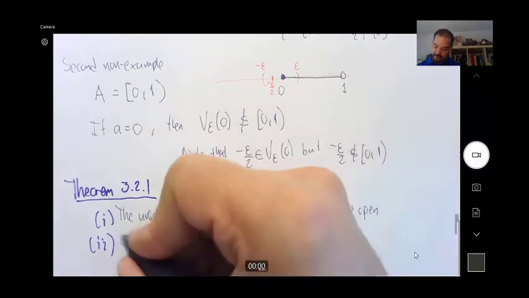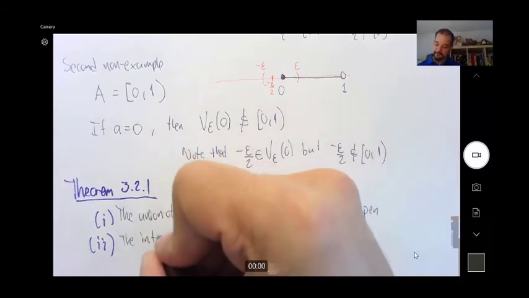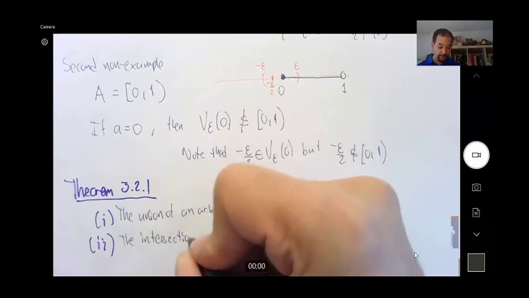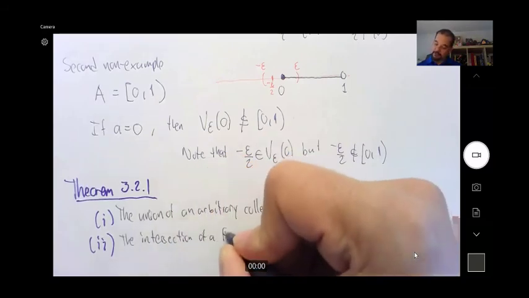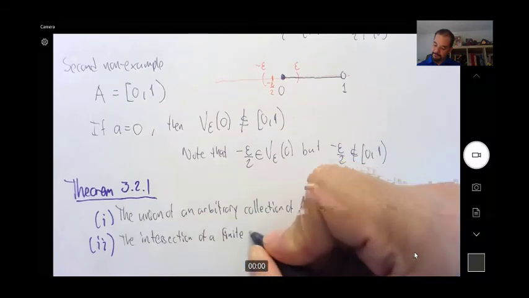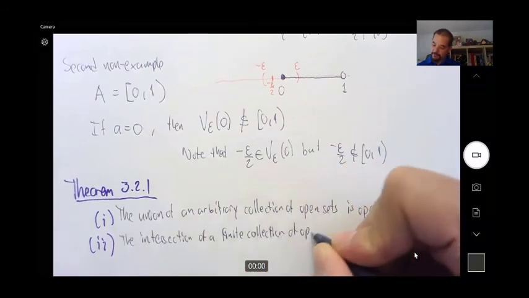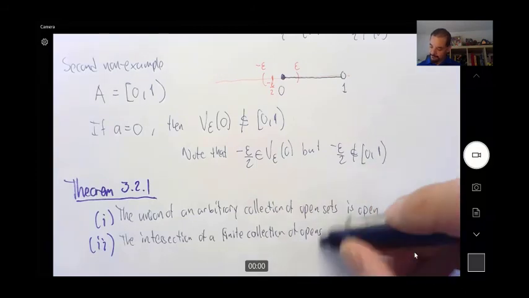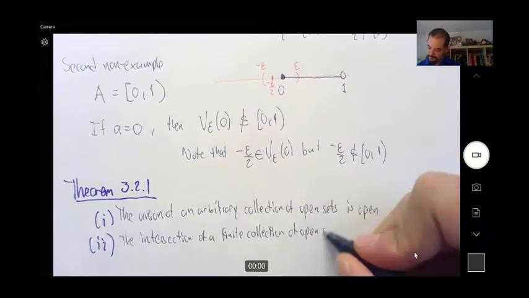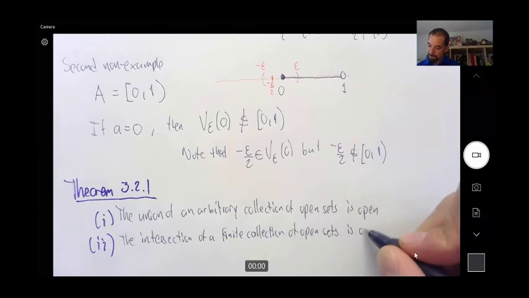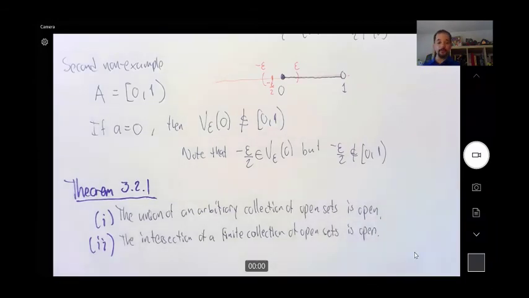And number 2 says the intersection of a finite collection of open sets is open. And with these two properties, you can now create lots of examples, right?